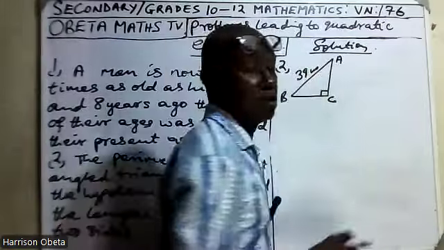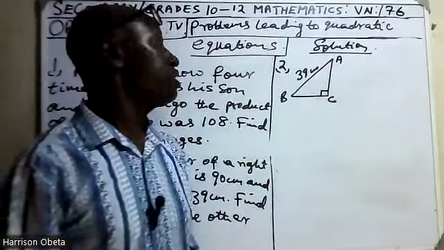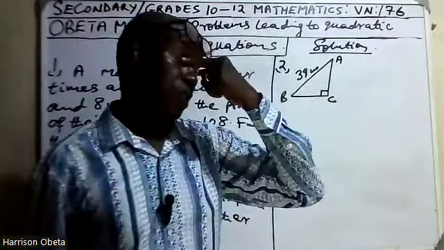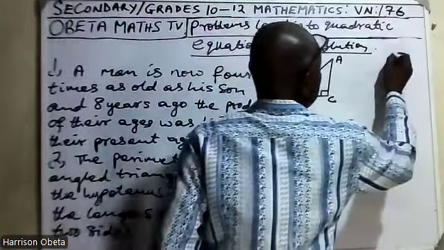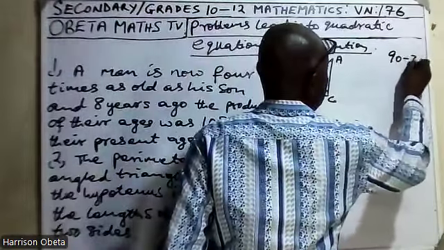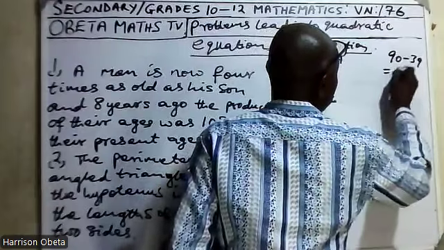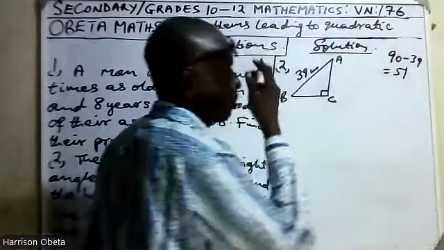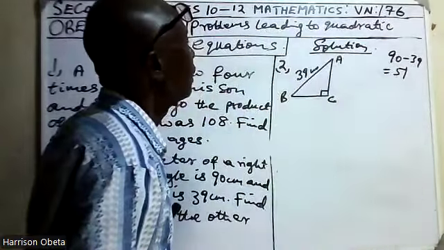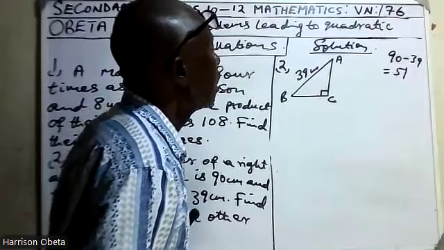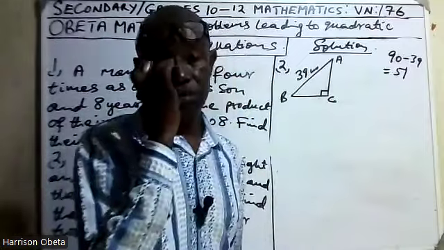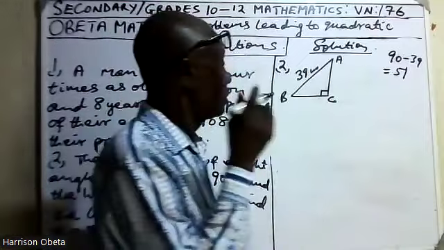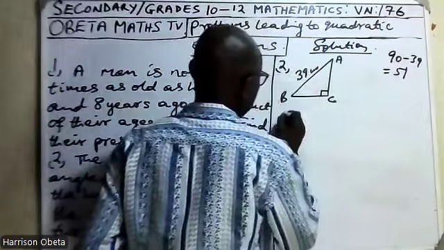Now, first of all, the perimeter means distance around the object, and the perimeter is 90. So we subtract 90 minus 39, which is equal to 51. In that case, it means that the other two sides will give us 51. So let's continue.